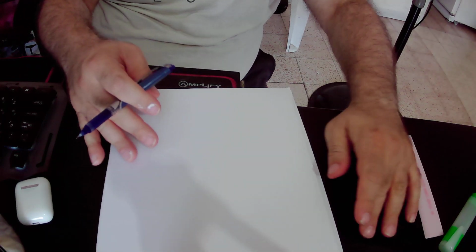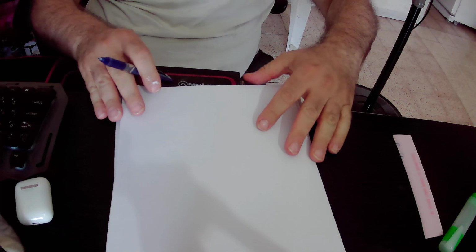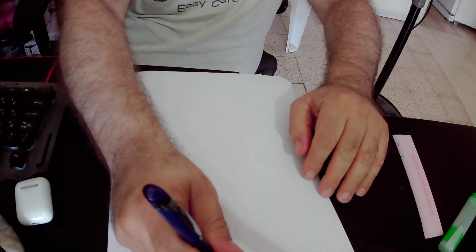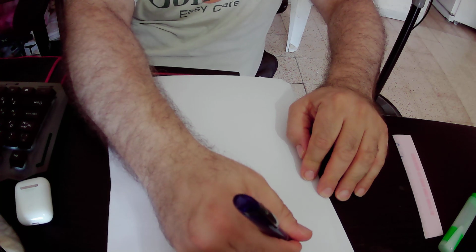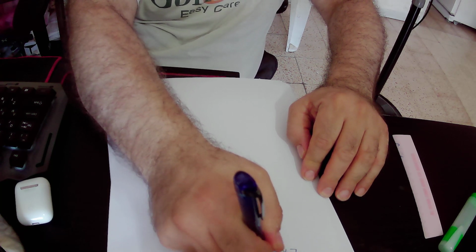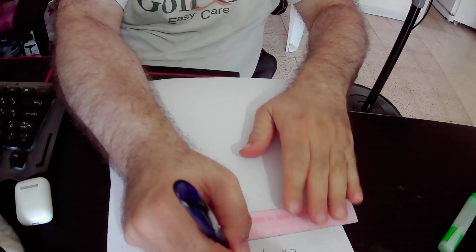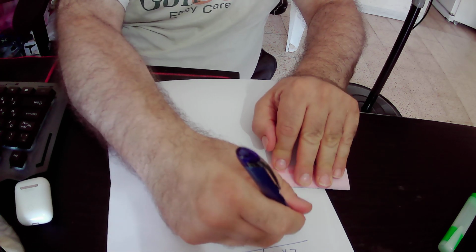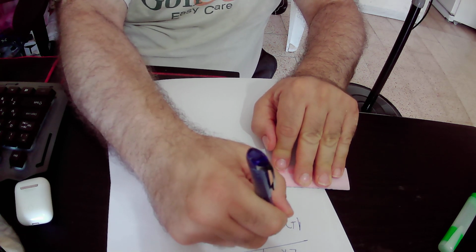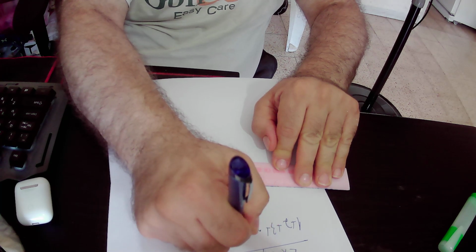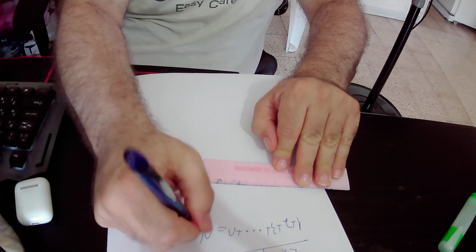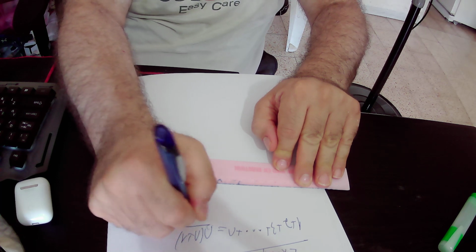We will start with the first example. The first example will be 1 plus 2 plus 3 plus ... plus n equals n times n plus 1, all divided by 2.